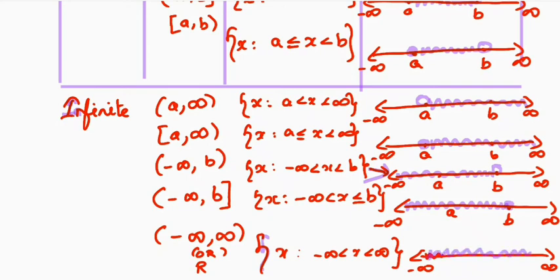This is called the set of all real numbers. Okay, while using infinity or minus infinity, we'll use only the open parenthesis because it's not a number. It indicates the ends of the interval, ends of the real line.